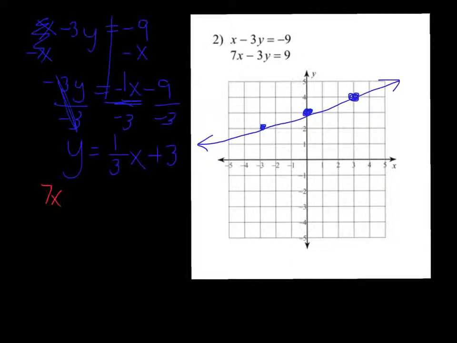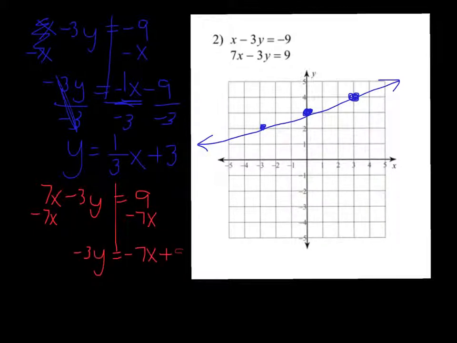And I'm going to do the second line. I'm going to do it the exact same way. I'm going to solve for y. So I'm going to draw on my river. Subtract 7x because it's farthest away from the y, and divide by -3. So y equals positive 7/3 x minus 3. And now I'm going to graph that.